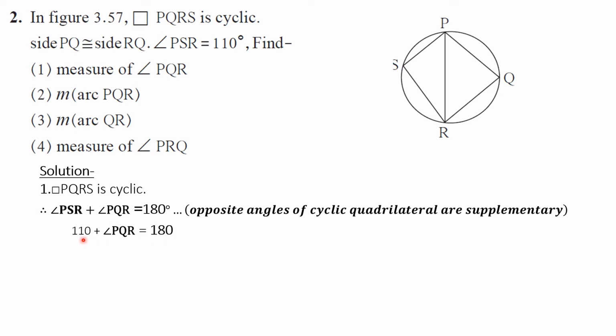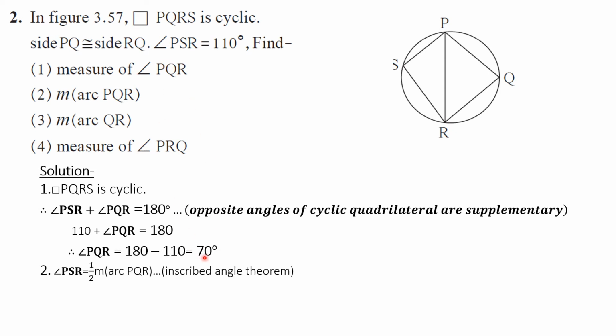But angle PSR is 110 degrees, it is given. Therefore, we can write 110 plus angle PQR is equal to 180 degrees. Therefore, angle PQR is equal to 180 minus 110 is equal to 70 degrees. So, we have got measure of angle PQR is 70 degrees.